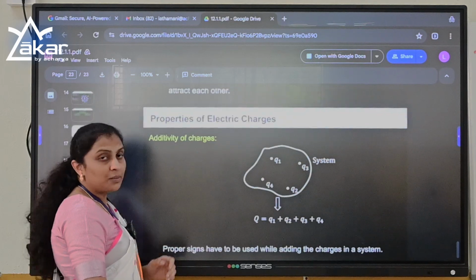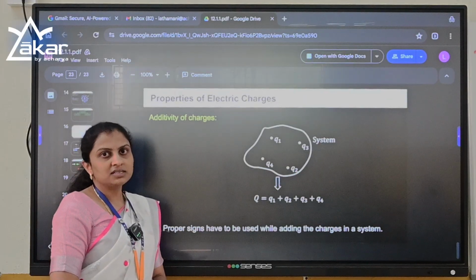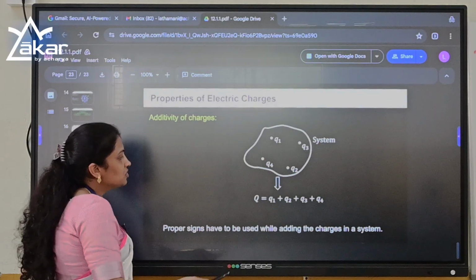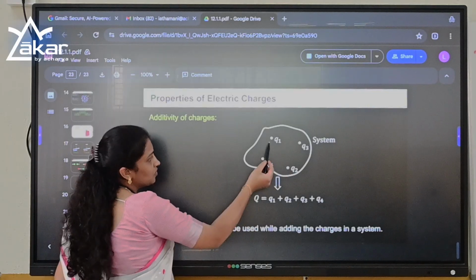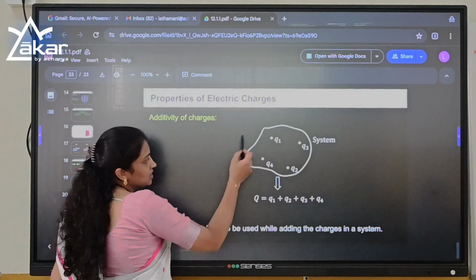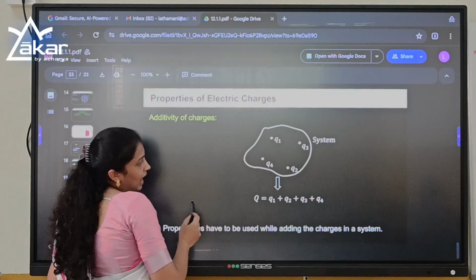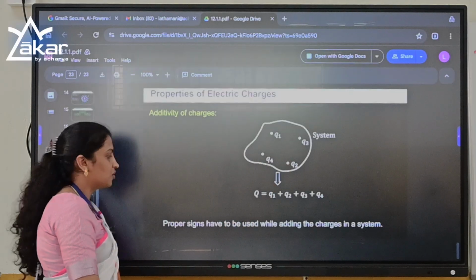Next, what are the basic properties of charges? The first basic property is additivity of charges. Here I have taken four charges: Q1, Q2, Q3 and Q4. In this isolated system, we can add Q1 plus Q2 plus Q3 plus Q4.